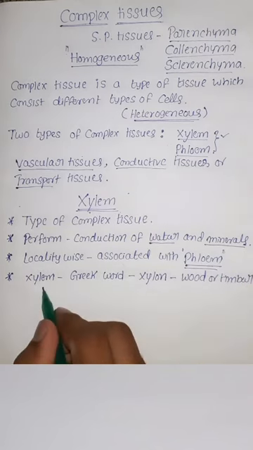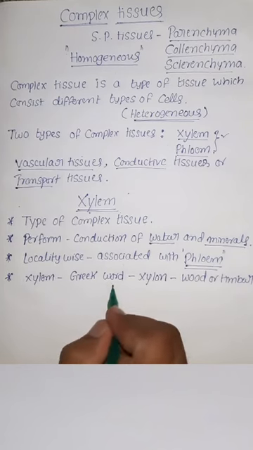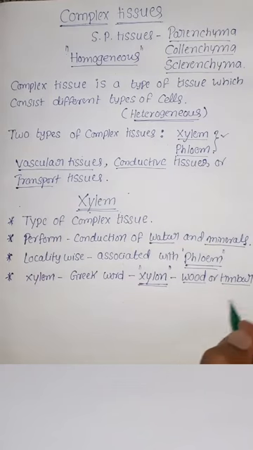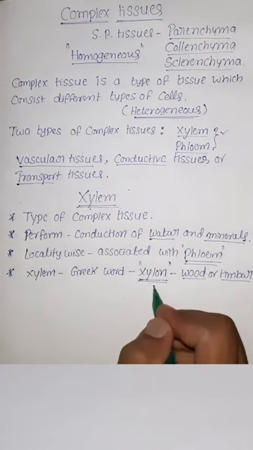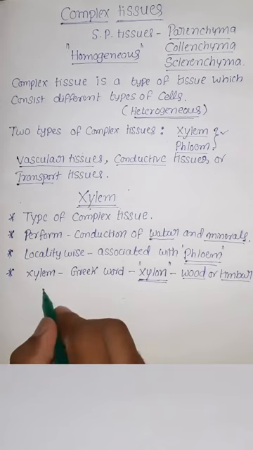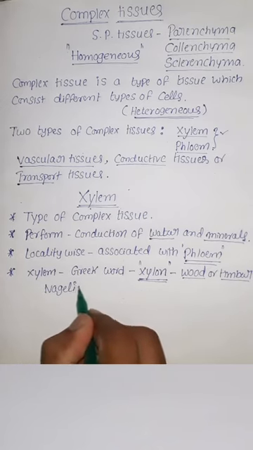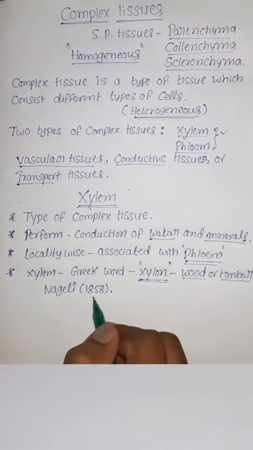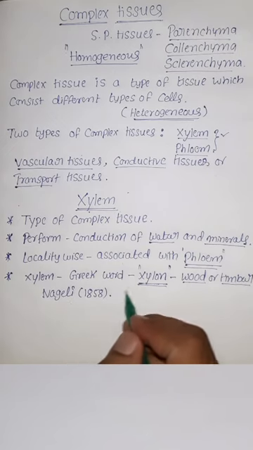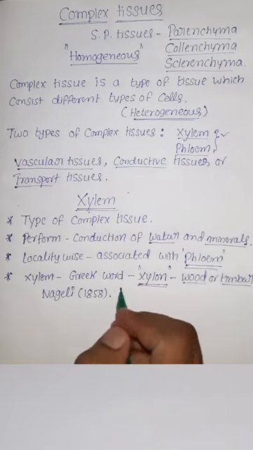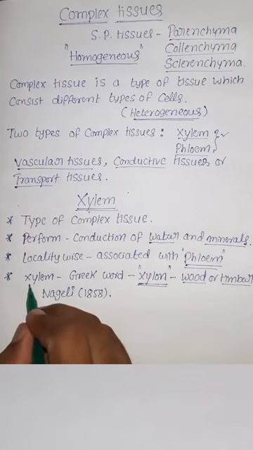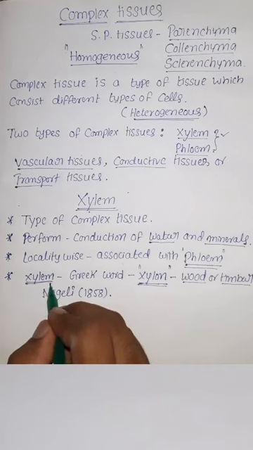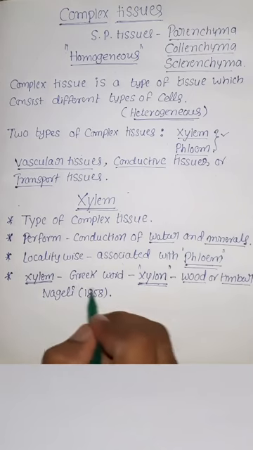The term xylon was given by a scientist called Nageli in 1858. Nageli gave the term xylon to this complex tissue. Further it is translated as xylem. In English it is called xylem, but the base term is xylon, which is a Greek word.